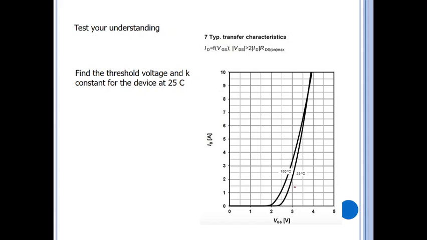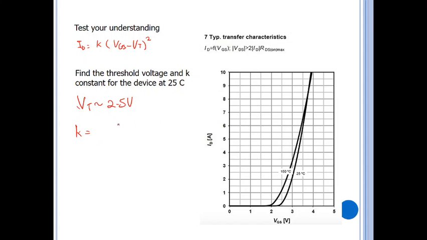So find the threshold voltage. The threshold voltage will be somewhere along, this is along 2.5. So the threshold voltage will be 2.5 volt. Okay. So how about the K? You can calculate the K from ID equal to K times (VGS minus VT) squared.